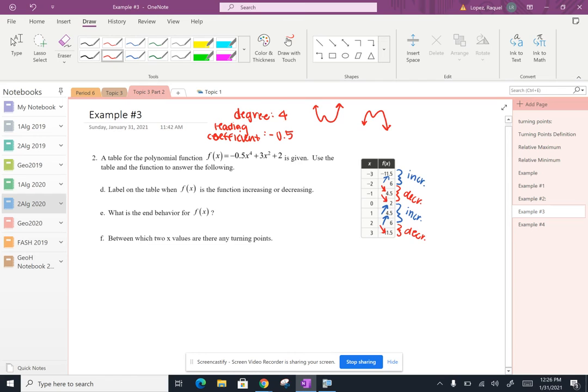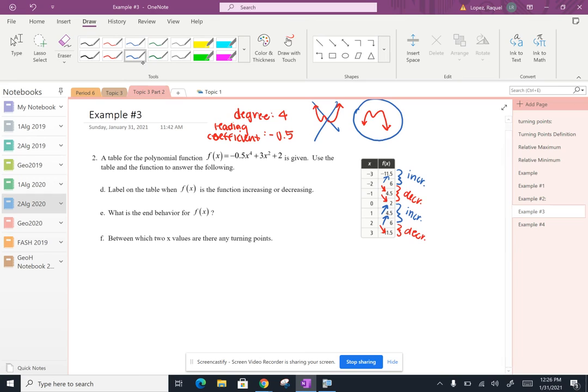So since that number is negative, the correct sketch would actually be this one. My graph would have 2 arrows on both sides pointing down because of that negative leading coefficient in front. If it were positive, it would be this one, but since it's not, it's the one that we circled.